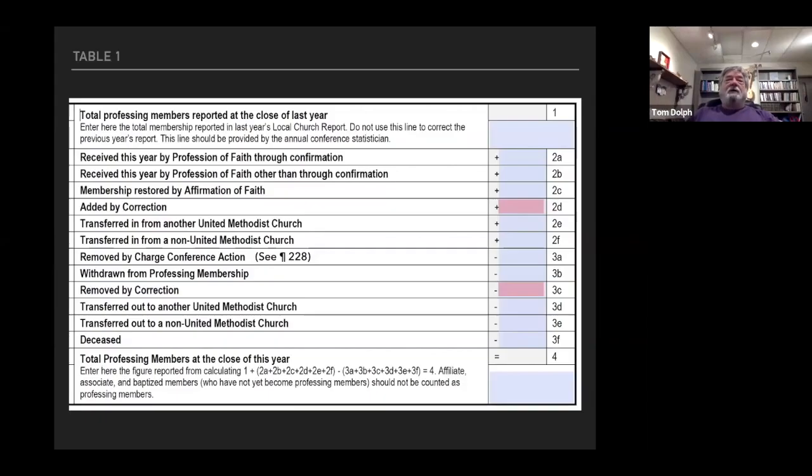It may help you internally to match names and numbers if you are actually taking names off the roll that were previously removed. But for our purposes, we just need the net number. If you put a number in both boxes, as long as the math works, it's okay. But again, we're just looking for the net.